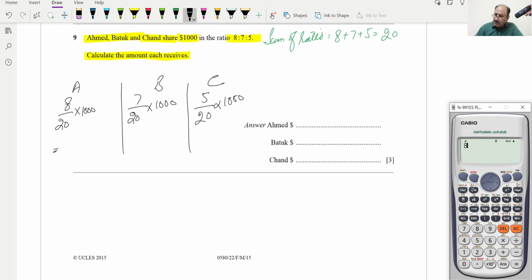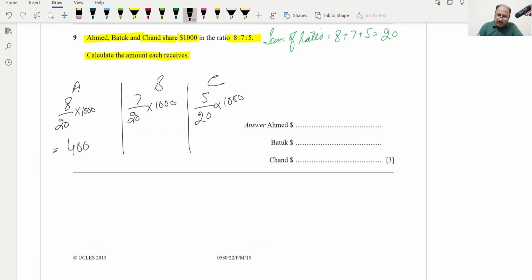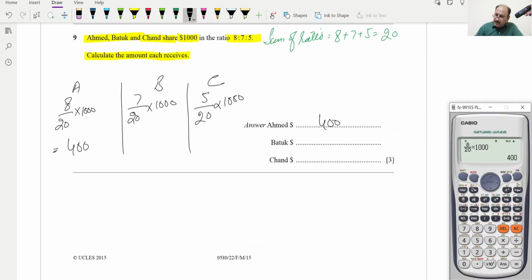So 8 divided by 20 into 1000 will be equal to 400. First person will be having $400, and the second one will be 7 over 20 times 1000, so this will be 350.